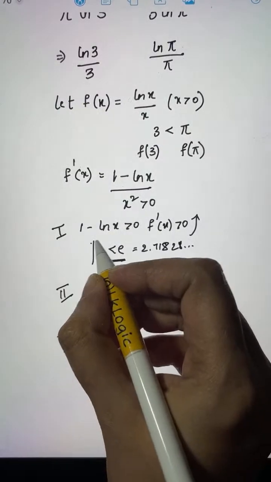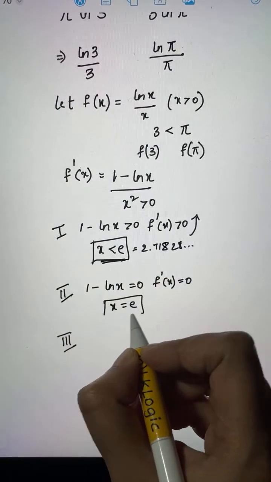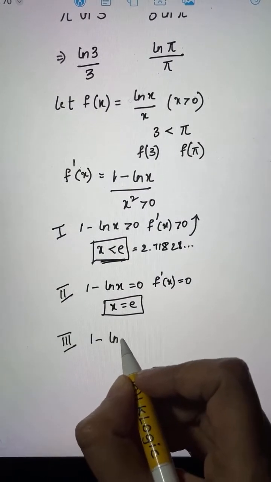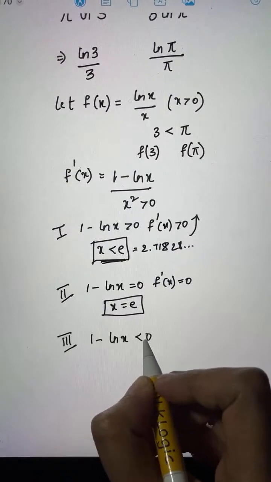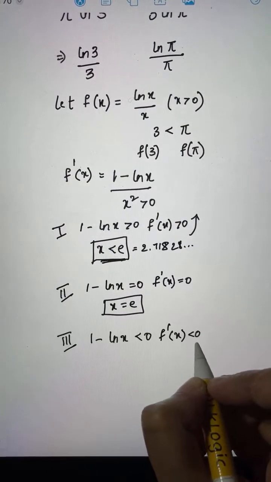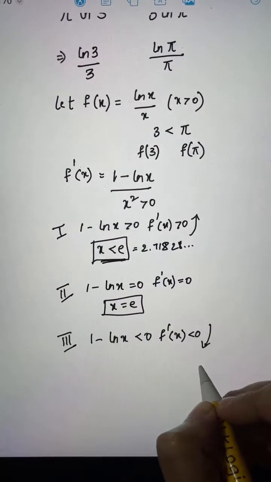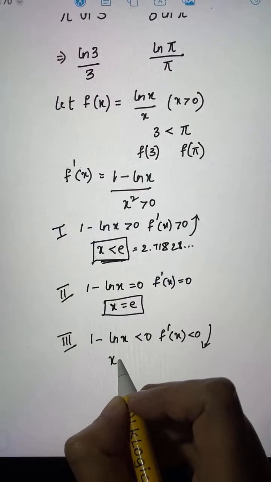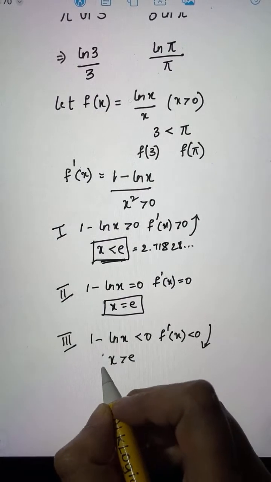The third condition is 1 minus natural log of x is less than 0, so the derivative is less than 0 and the function is decreasing, so x will be greater than e here.